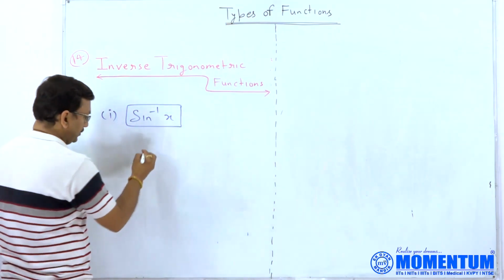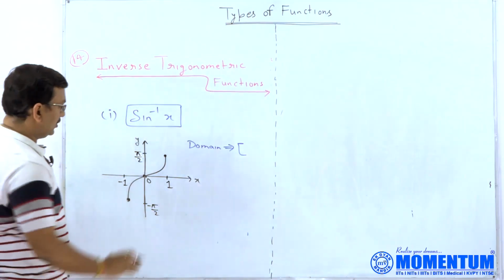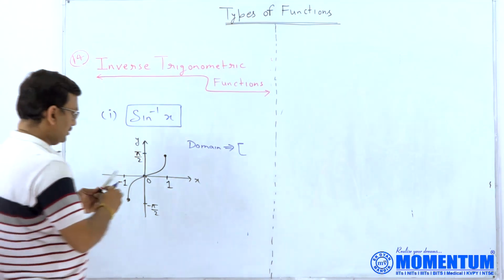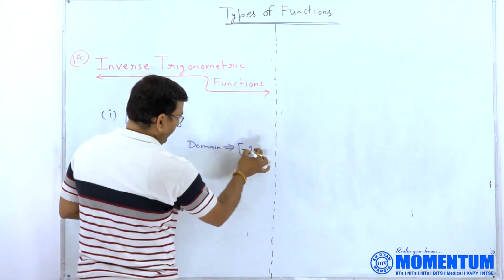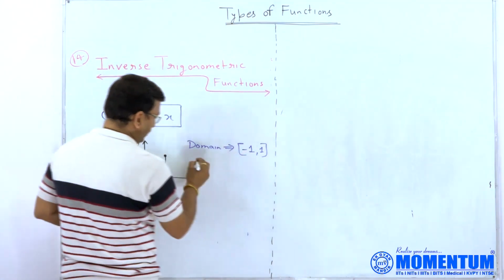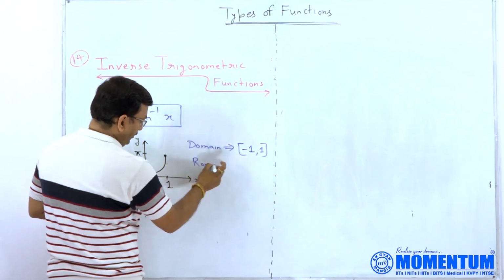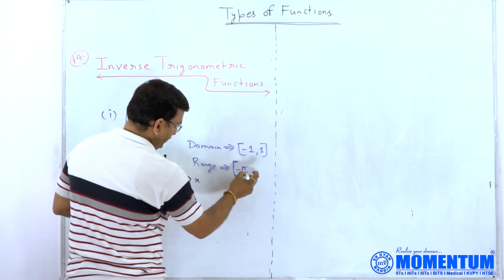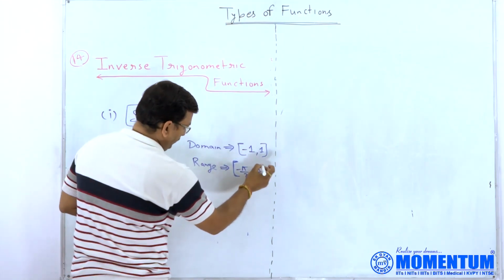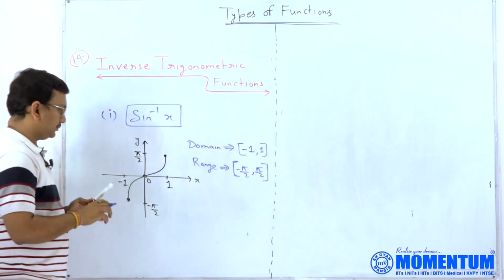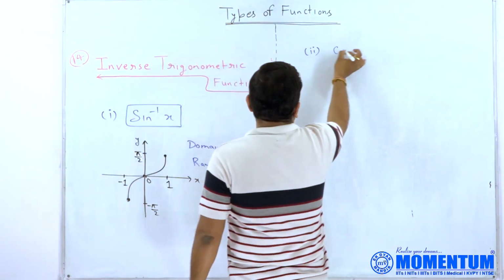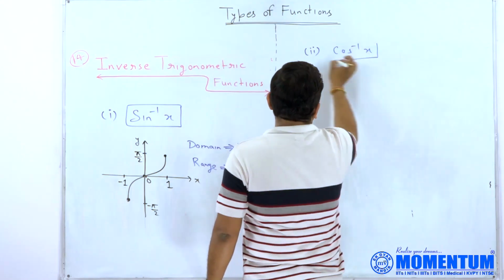Diagram. This is the diagram of sine inverse x. Domain, square bracket -1 to 1. Range, square bracket minus pi by 2 to plus pi by 2. Second inverse trigonometric function, cos inverse x.